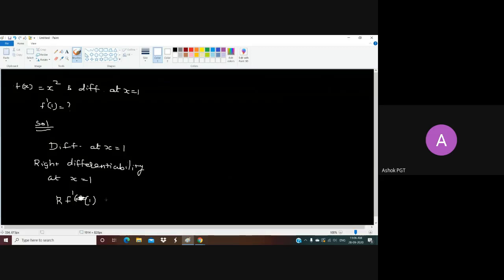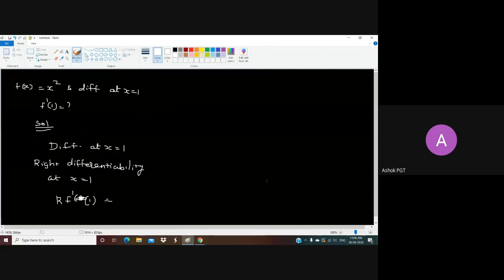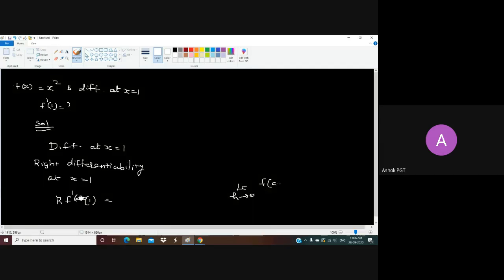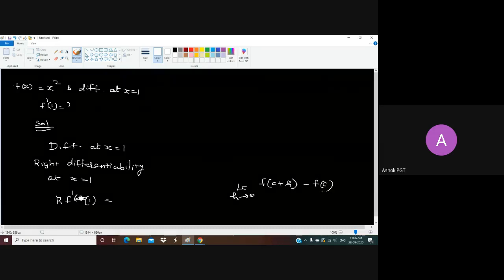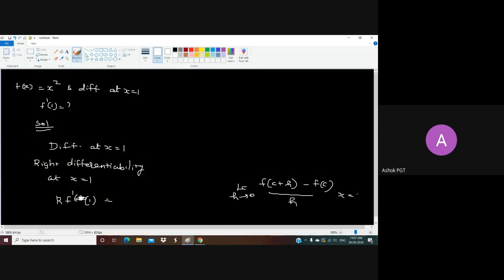And then we know the formula for the right hand derivative: limit h tends to 0, f of c plus h minus f of c, whole divided by h, at x is equal to c.